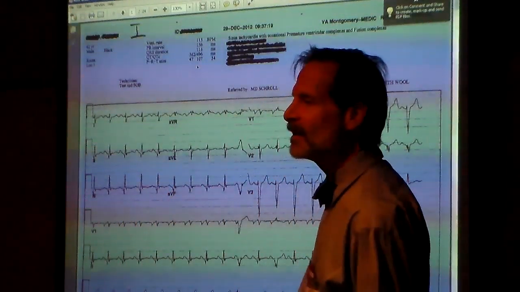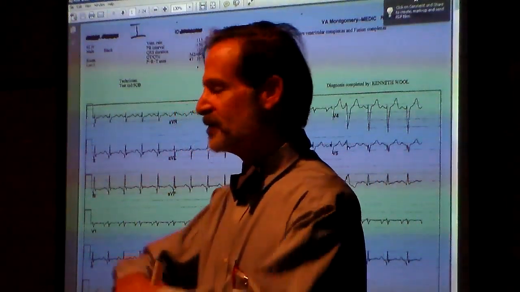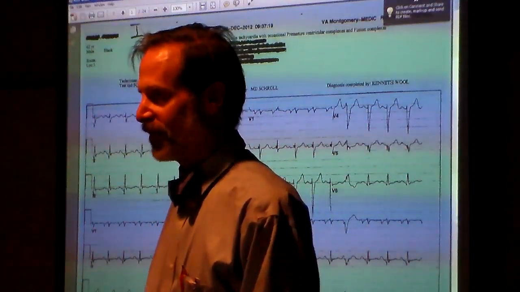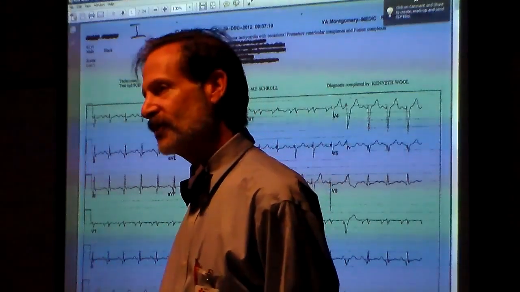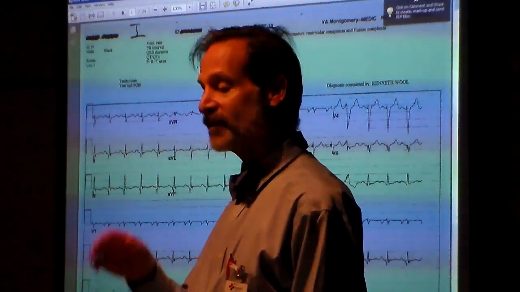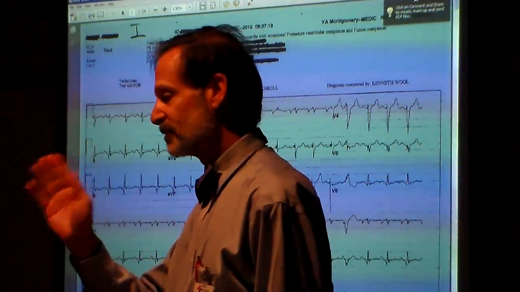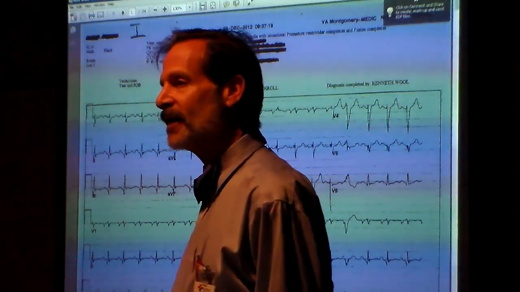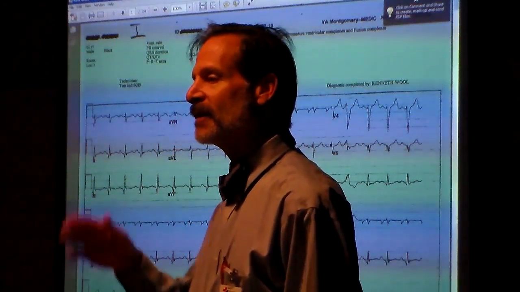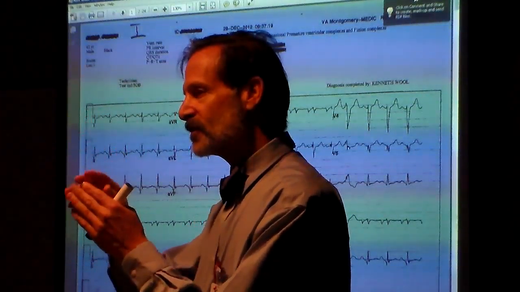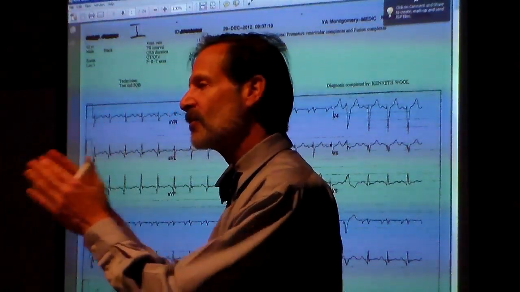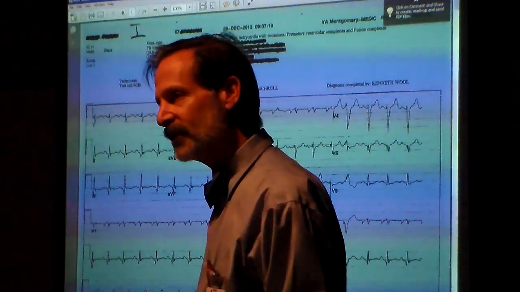When the PVC depolarization goes every which way and gets to the AV node, it doesn't go back up into the atrium. Meanwhile, the sinus node is like a clock, just going on its merry way. So after the PVC, the sinus mechanism has never changed, so when it conducts, it goes right back in time.